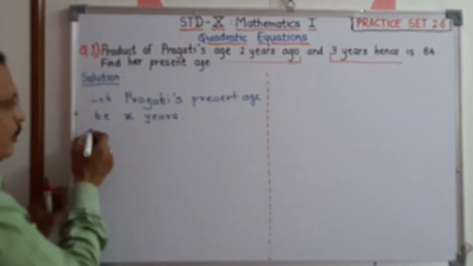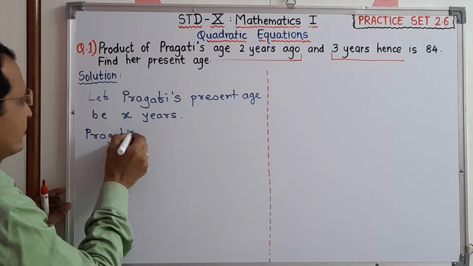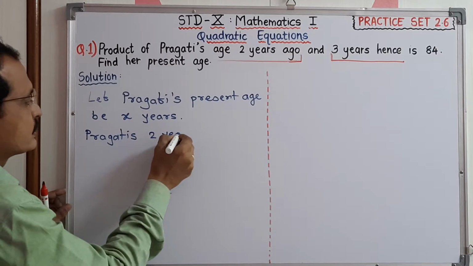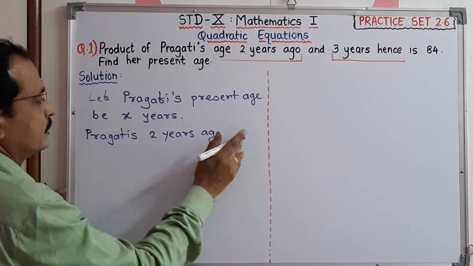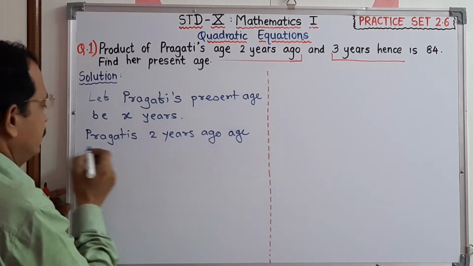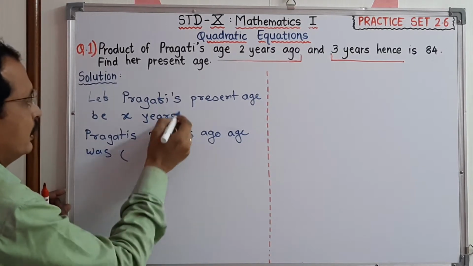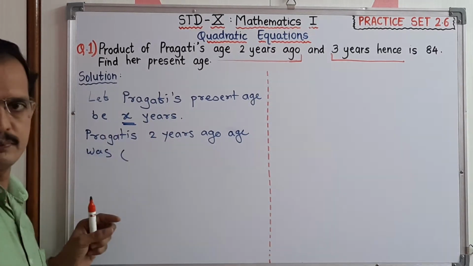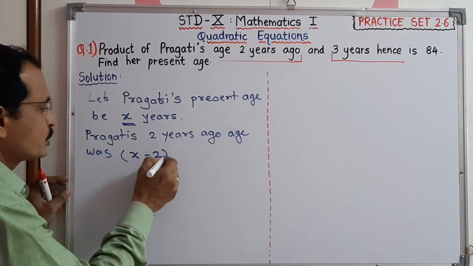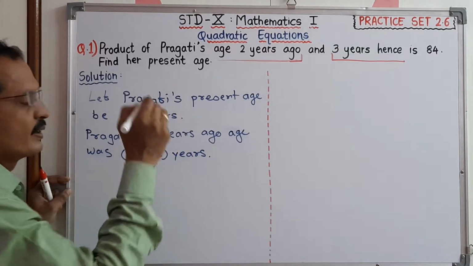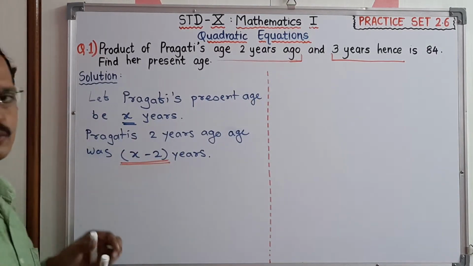Therefore, Pragati's age 2 years ago was, today's age is x years. We have to find out the age before 2 years. Therefore, it is x minus 2 years. This is Pragati's age before 2 years.